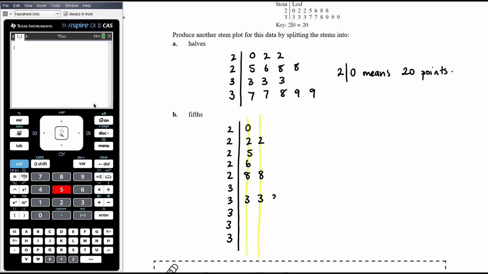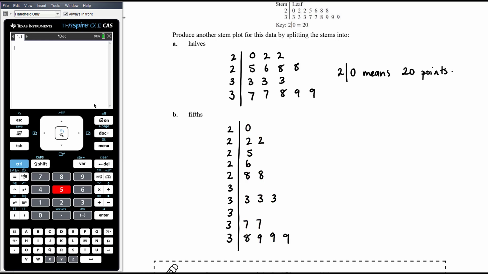We want to stay fairly even. So we had 30, 31, 32, 33, 34, 35 in the next category, there's none of those. 36 and 37, there's two 37s. And 38 and 39, so 8, 9, 9.